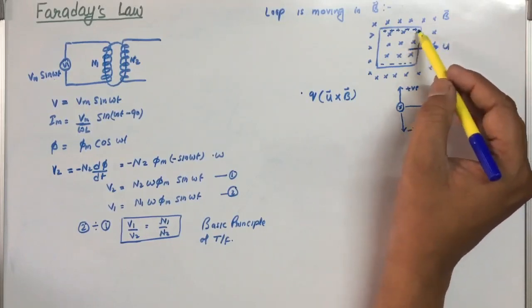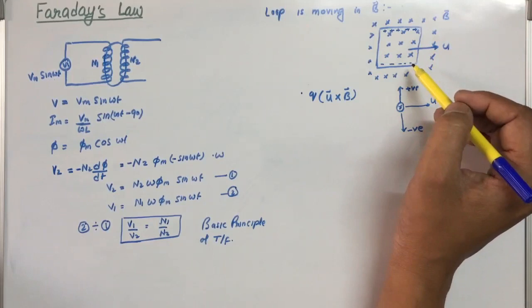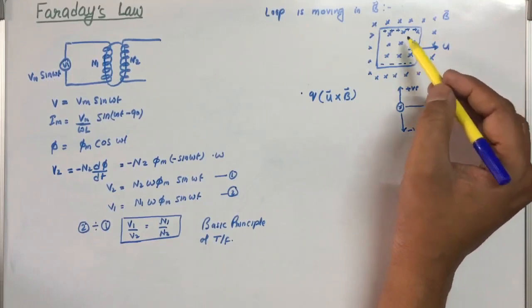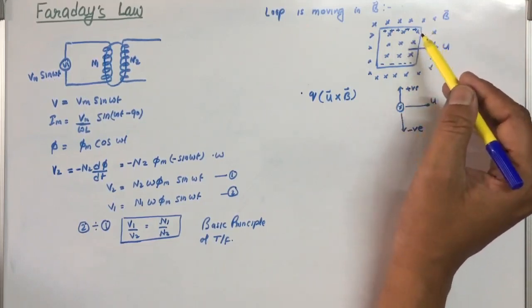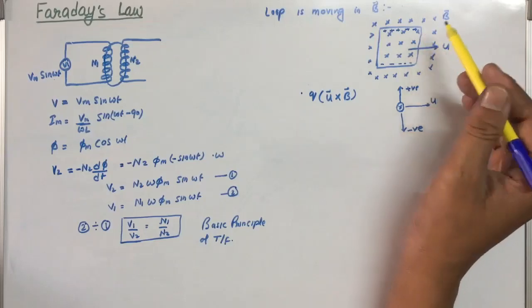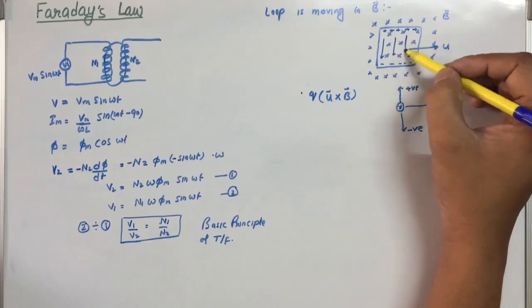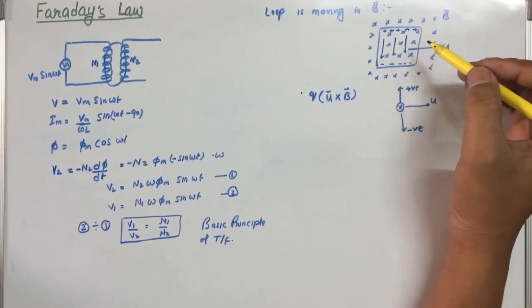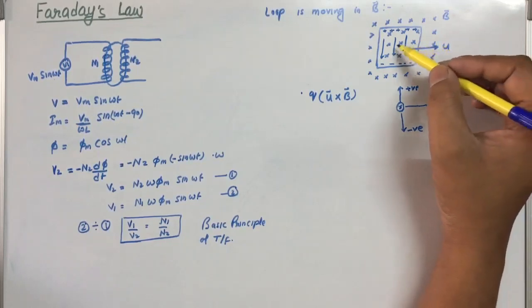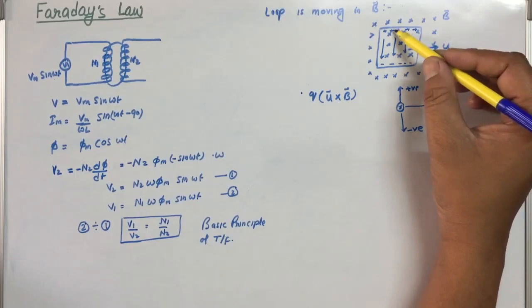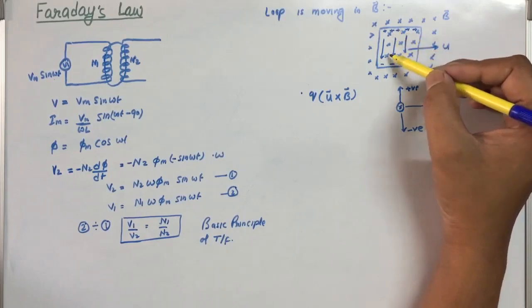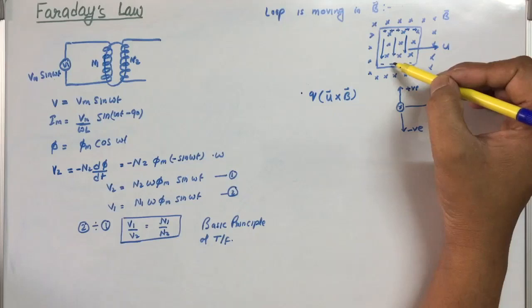If positive and negative charge accumulate in this fashion, then an electric field will be created from positive to negative. Now, as we know, positive charge experiences force in the direction of the field. So due to this field, this charge will experience force towards this, and negative charge will experience force opposite to the direction of the field.